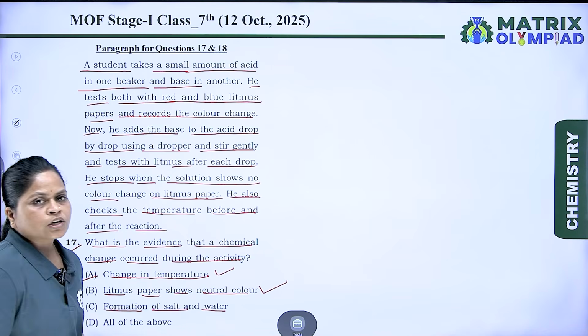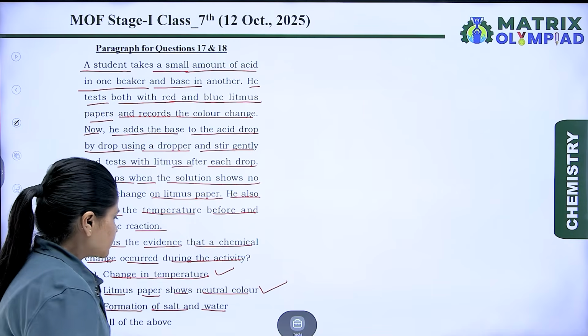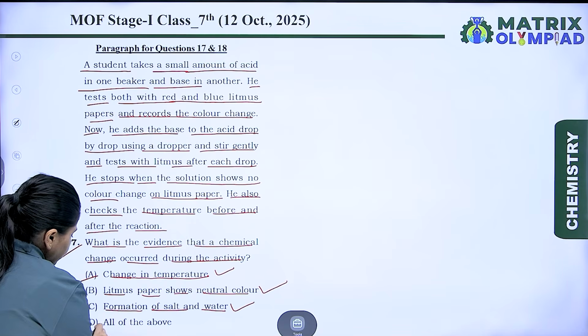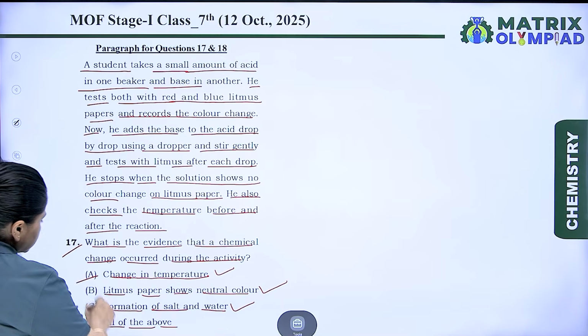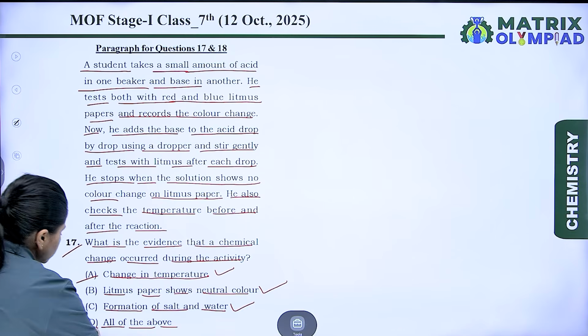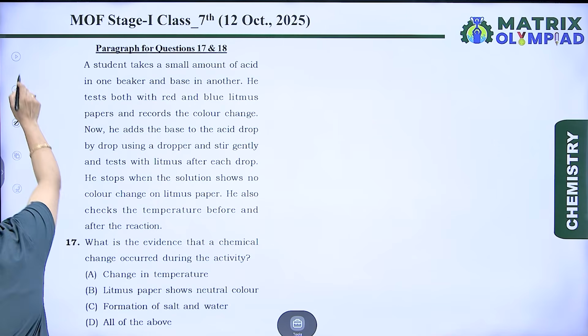Yes, the formation of salt and water when acid is mixed with a base again shows the chemical change. D. All of the above. Yes, options A, B, C, these all are correct for the chemical change. So, the correct option is D. All of the above. Now, the next question.